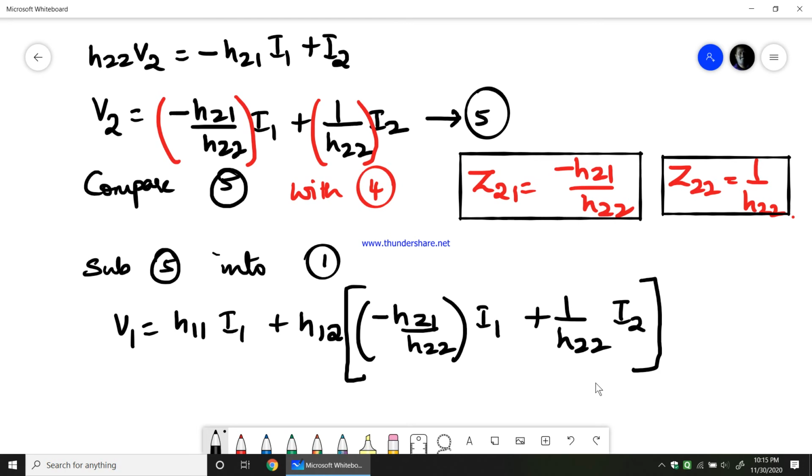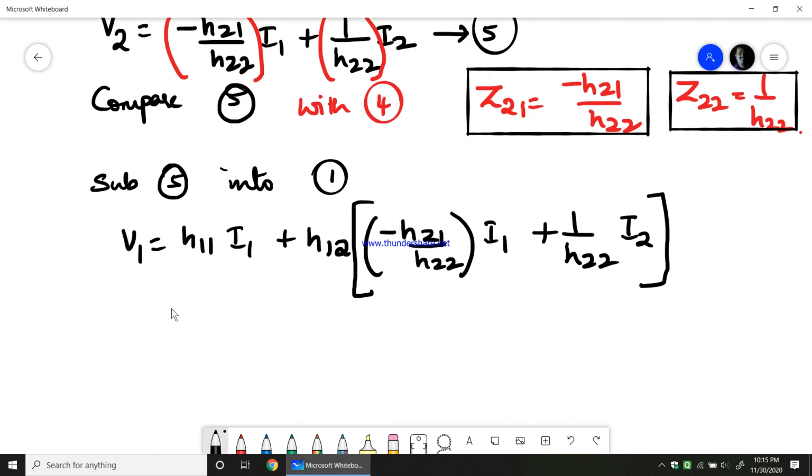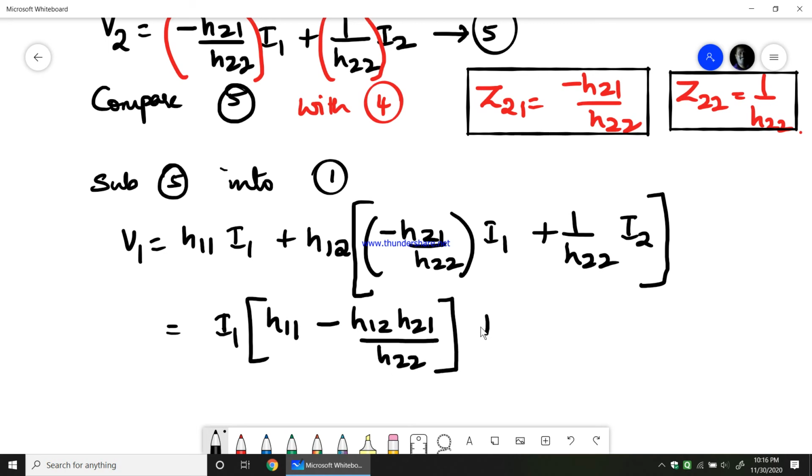So I have substituted for V2. Now you see you get the whole equation in terms of I1 and I2. So I'll take I1 common and separate I2. If I take I1 common, what will I get? H11, this is minus, so minus H12 into H21 by H22, plus H12 by H22 into I2, and this is equal to V1.